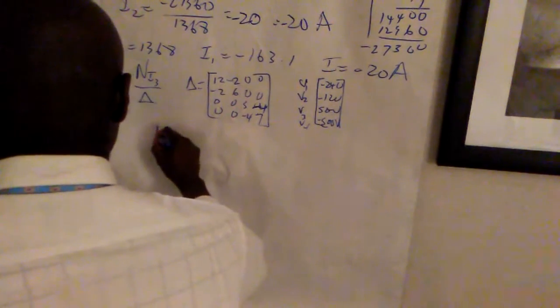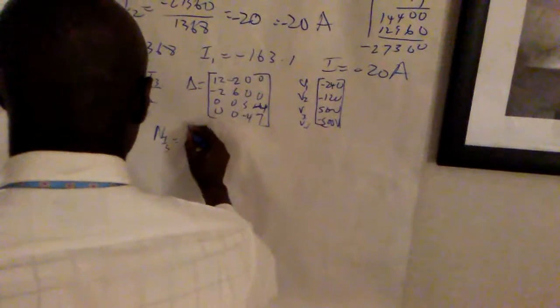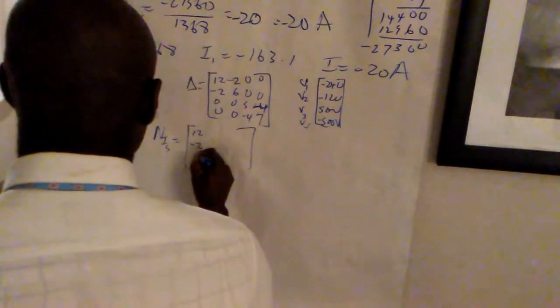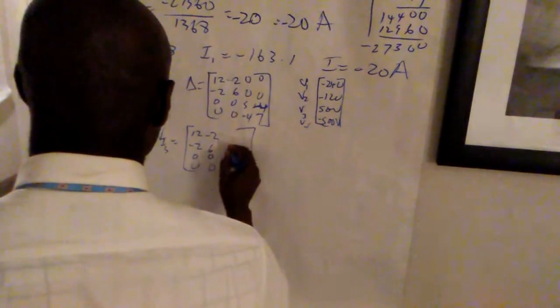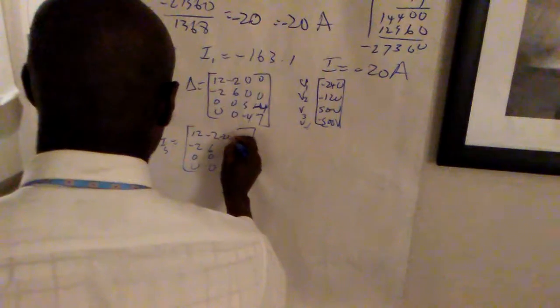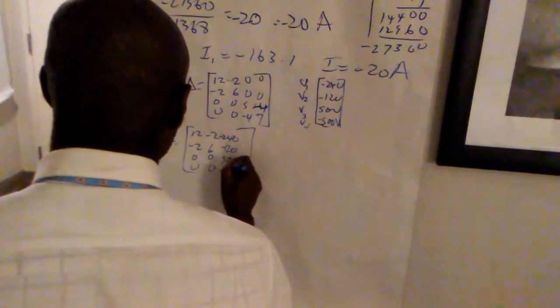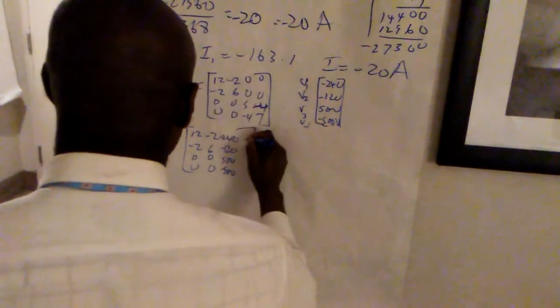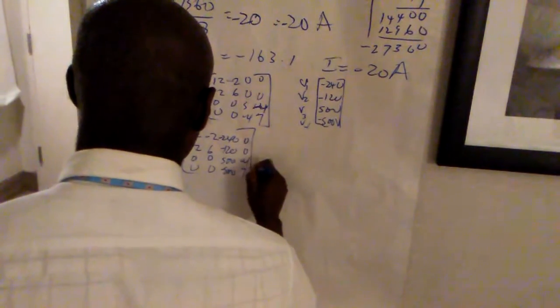We say now that N I3 is equal to the determinant of 12, minus 2, 0, 0; minus 2, 6, 0, 0; minus 240, minus 120, 500, and minus 500; and 0, 0, minus 4, 7.